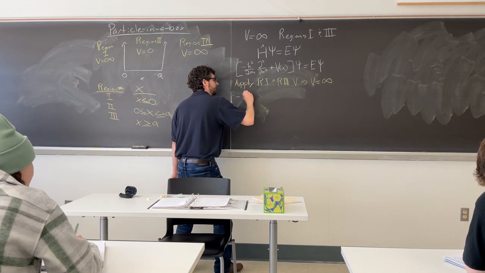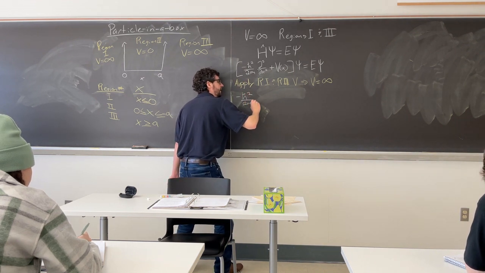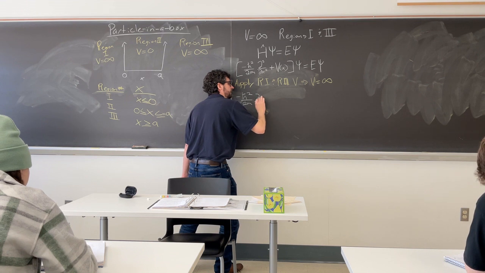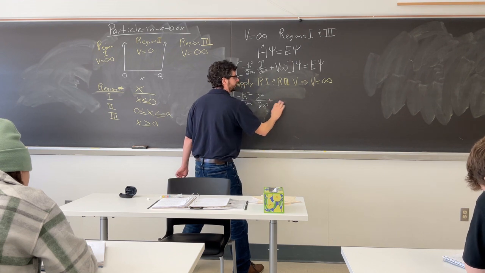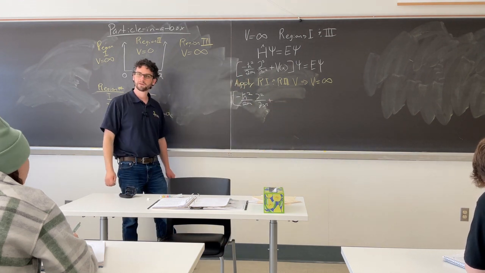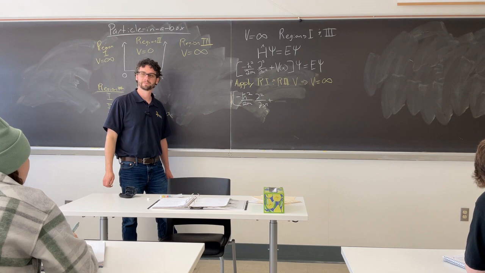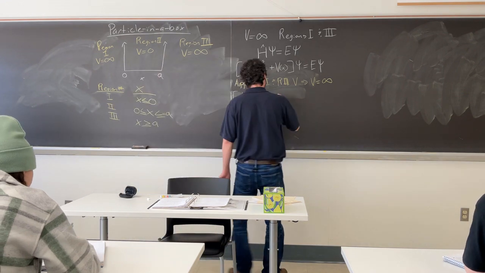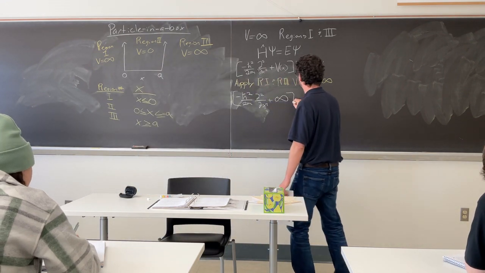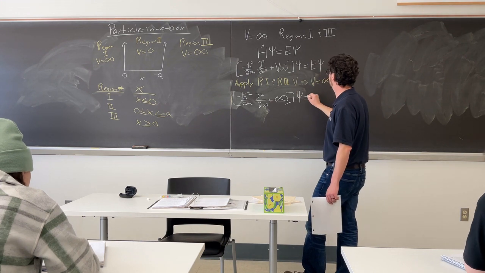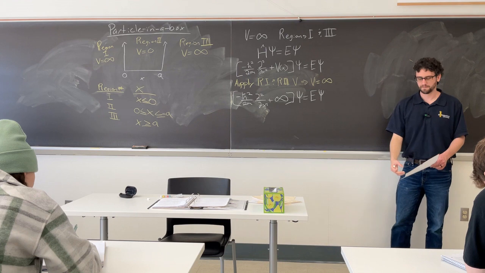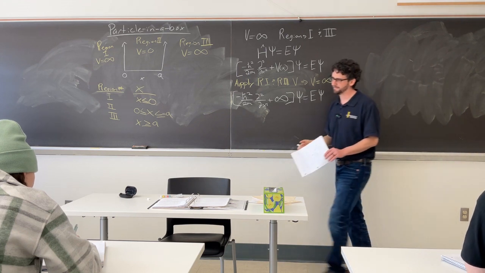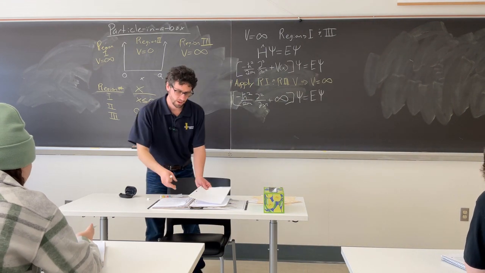We get negative h bar squared over 2m, second derivative with respect to x, plus, what's this term, the potential term now? Infinity, yeah. Times psi is equal to E psi. Okay.